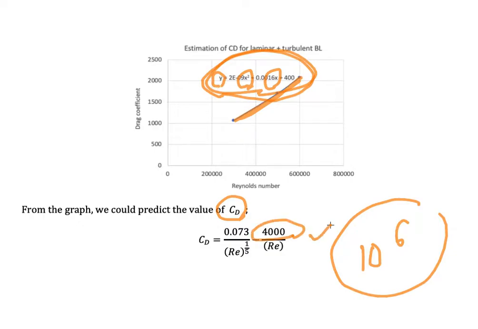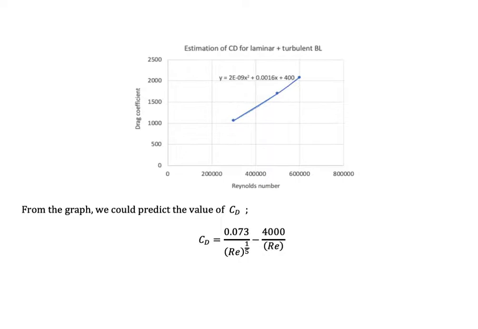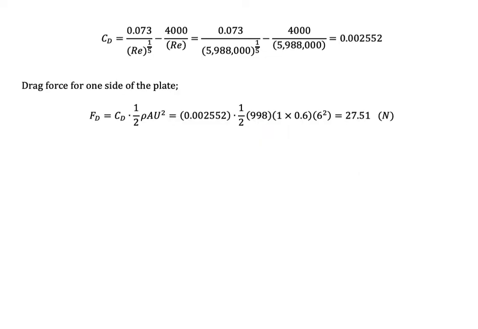By using this equation, we could calculate the drag force for the total plate. So the CD is 0.002552, and then we could calculate the drag force for only one side here as 27.51 Newton.